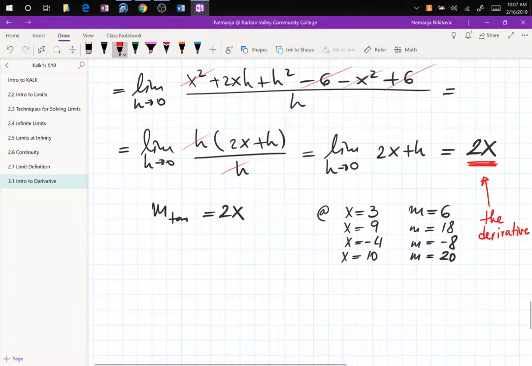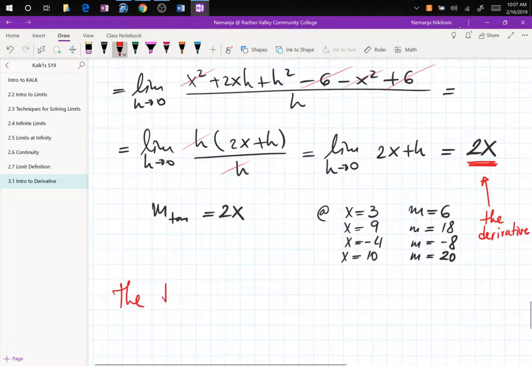Derivative is a function which generates all possible tangent line slopes. Just a collection of all tangent line slopes. Collection of all possible changes that can happen for a particular function.